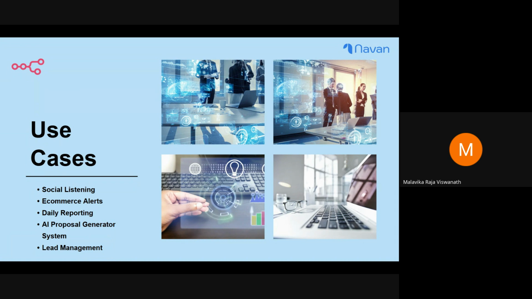And the most important use case is lead management. When someone fills out a form, say on your site, you can automatically enrich their data using a tool like Cura. Cura is navan.ai's product. Once you are able to enrich your data with that, then you add them to the CRM, and then you send a Slack alert to your team. So that is basically what lead management is.